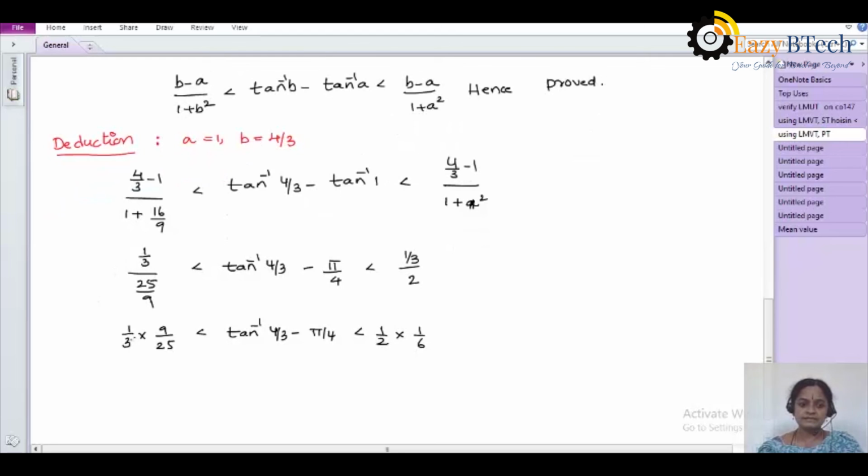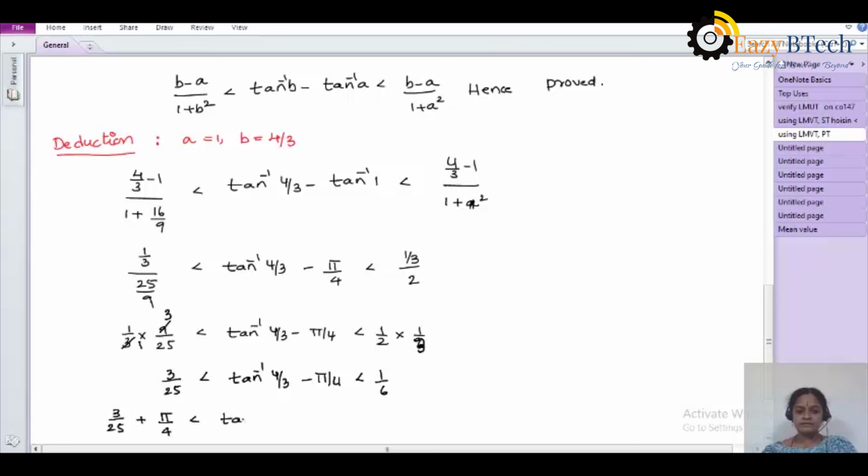Doing the cancellations, 3/25 < tan⁻¹(4/3) - π/4 < 1/6. Then adding π/4 on both sides, 3/25 + π/4 < tan⁻¹(4/3) < 1/6 + π/4. So hence proved using Lagrange's mean value theorem. We did the proof and deduction also.